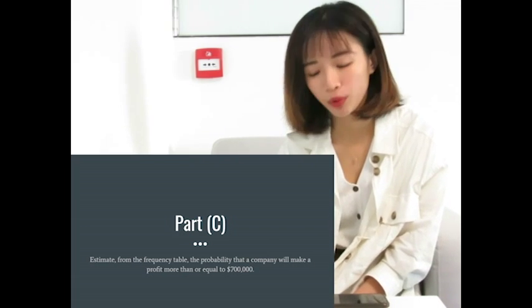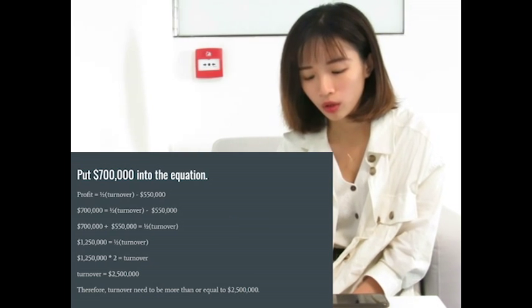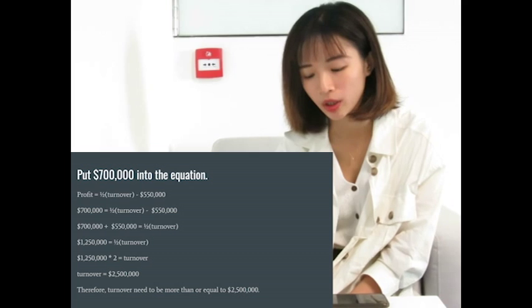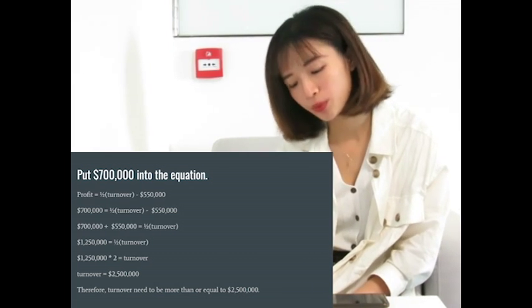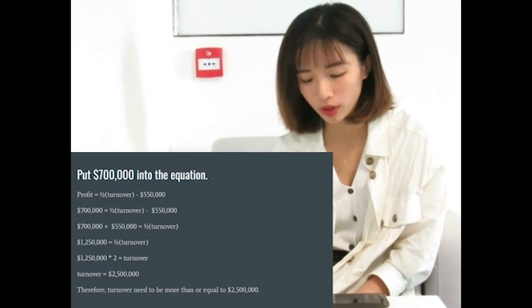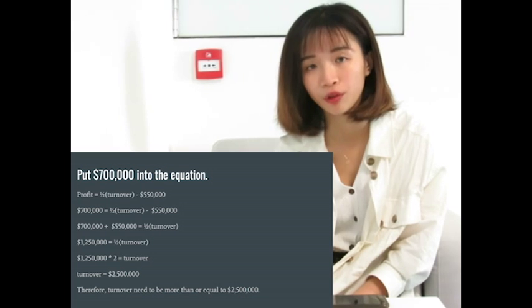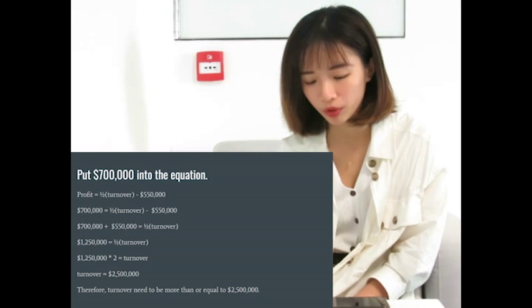We can find that the profit is equal to 1/2 of turnover minus $550,000 from this equation. First, let us put $700,000 of profit into this equation to find out the level of turnover a company needs to make the profit.